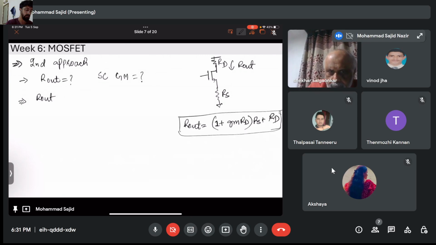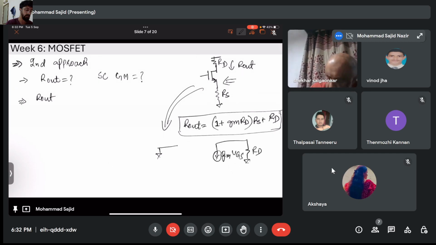So just for the repetition, we won't solve the previous circuit, but I will give an idea about this one. That will make it easy to solve the rest of the circuit. So if I just use this circuit, the gate is grounded, and this is GM VGS, this is RD.